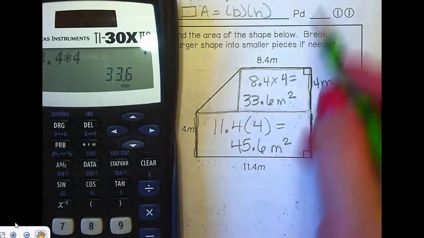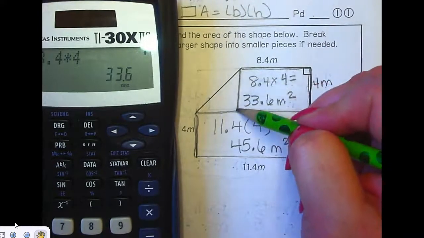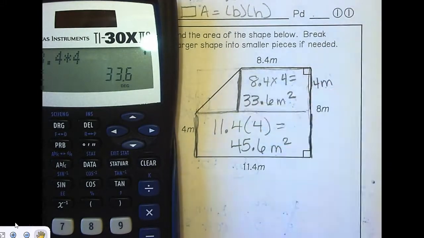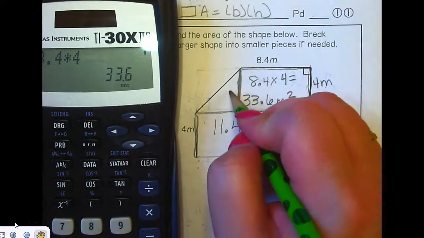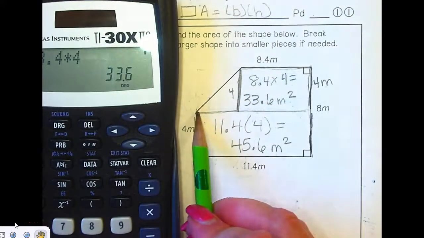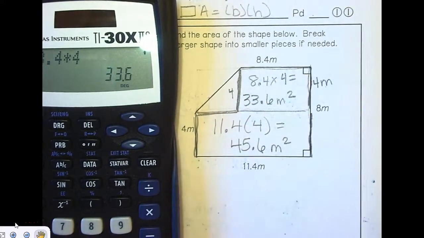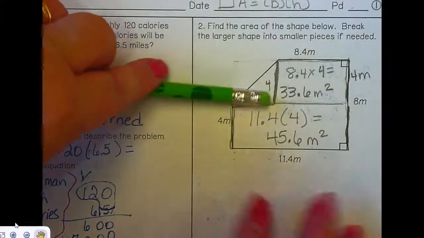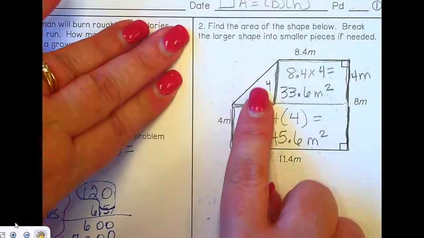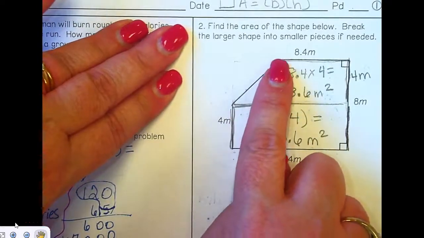All right, we've saved the most difficult part for last. So I can see the height of this pretty easily. Anybody know what that height is? It's 4. It matches this, right? Now, this base right here is a little bit more difficult to see. So I think of this as like a garage door. If I took this and I pushed it all the way up, it would make that line right there.